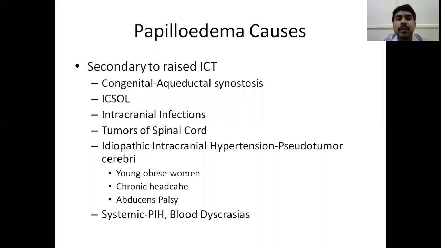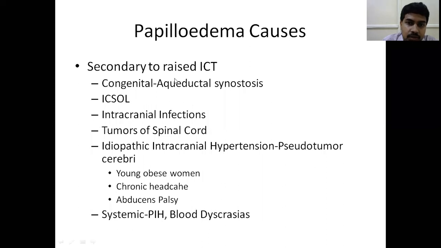Papilledema is secondary to raised intracranial tension. What are the various causes of raised intracranial tension? This will be dealt with in your neurosurgery part in general surgery. Intracranial space occupying lesions, and congenital lesions like Arnold-Chiari malformation. Arnold-Chiari, not Budd-Chiari; Budd-Chiari is for the liver. It is Arnold-Chiari malformation for the brain.